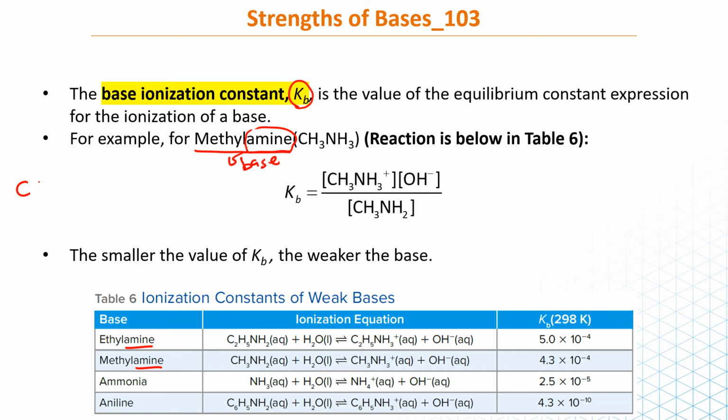The equation is actually CH3NH3 plus H2O gives me NH4 plus CH3NH.